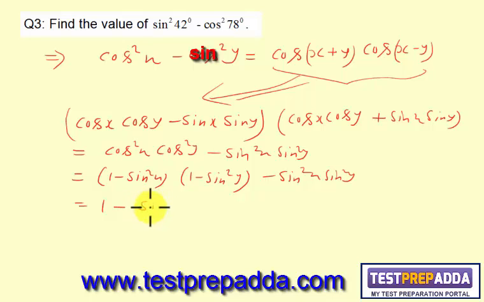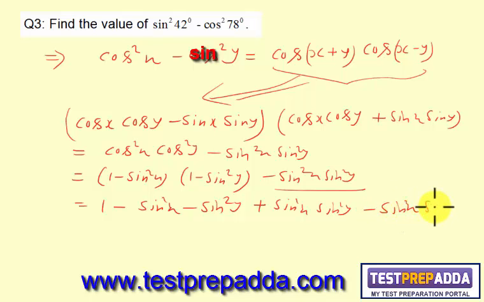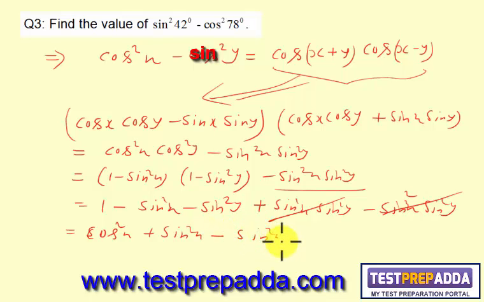It becomes 1 minus sin square x minus sin square y plus sin square x sin square y, and 1 minus sin square x sin square y is already given. This will get cancelled. If I write this one as cos square x plus sin square x and minus sin square x minus sin square y, these two will get cancelled and the result will be what?